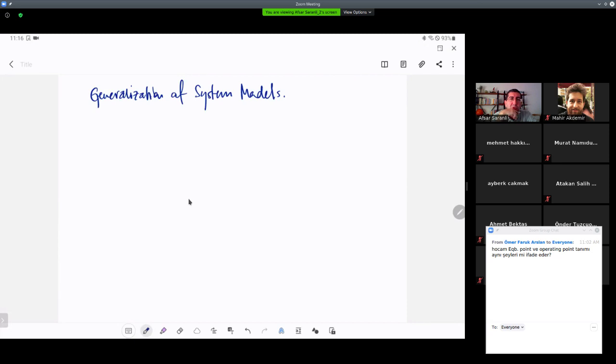But in this course, we will also look at fluidic systems, thermal systems, other physical variables. So it is helpful to remember that many system models share common principles.